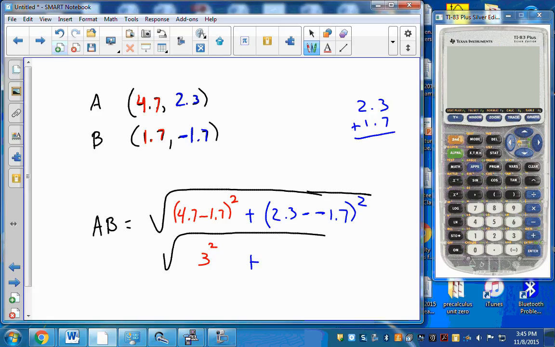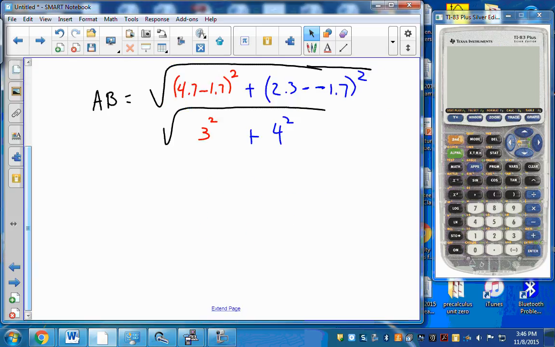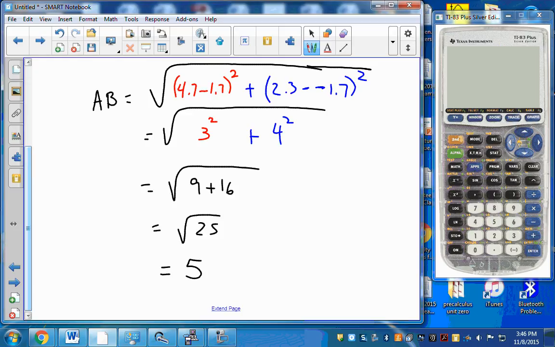Minus minus, so that's 4. We're going to square that. Boy, these numbers appear again. They were like the same numbers in problem 107. So we have the square root of 9 plus 16, which is the square root of 25, which is 5. Okay, so that's the distance AB.